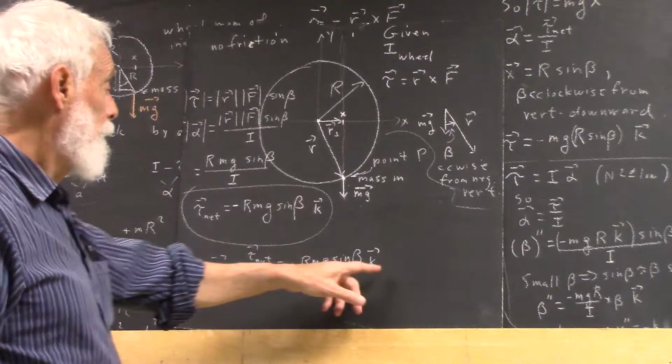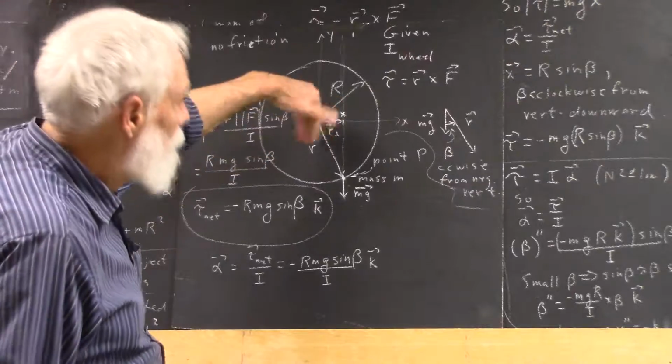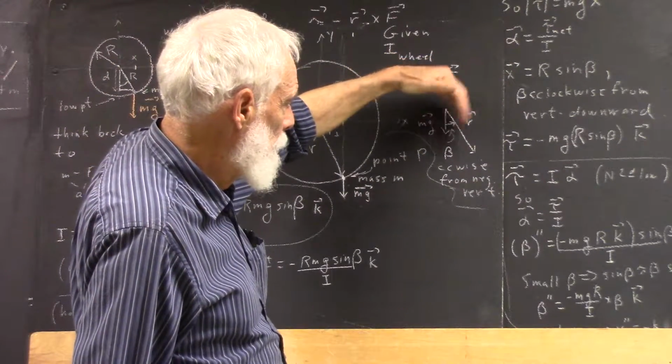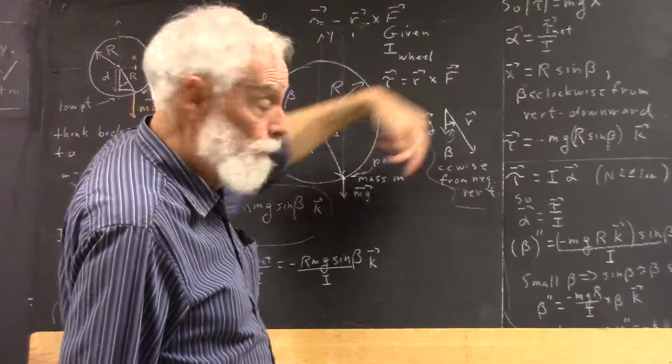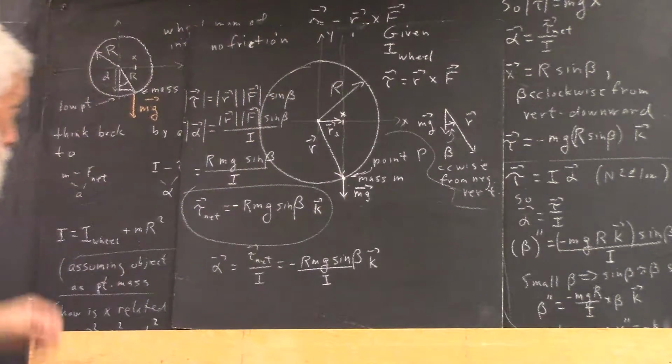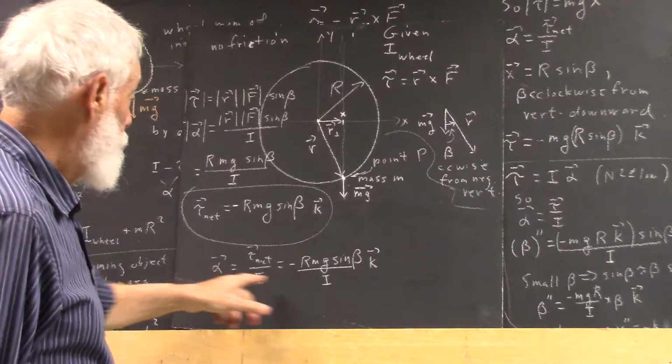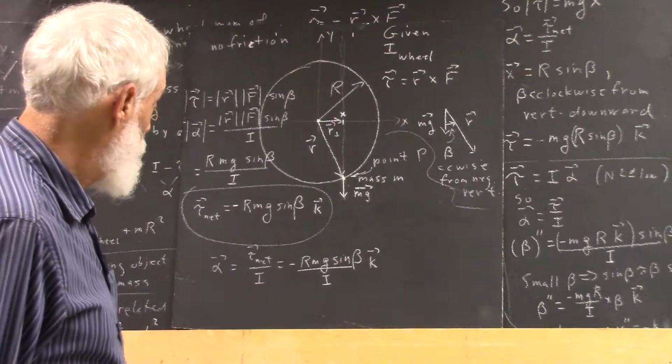The negative sign and the k come from incorporating the direction by declaring that beta is positive if measured in the counterclockwise direction from the vertical. Okay, in any case, we've got an equation for alpha.